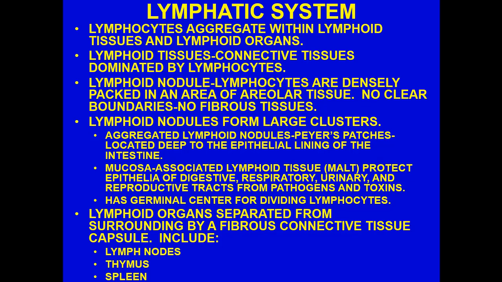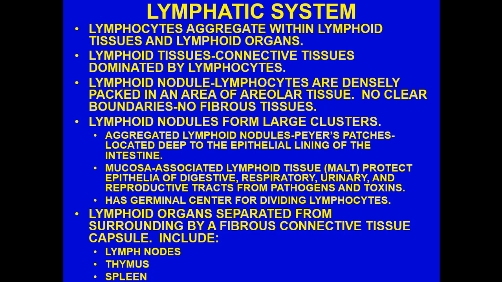It's got lots of spaces in between. As a result, you're going to have no clear boundaries, no fibrous tissue, sort of like a capsule to enclose it all. Lymphoid nodules form large clusters. For example, the aggregated lymphoid nodules of the Peyer's patches. These are located deep to the epithelial lining of the intestine.